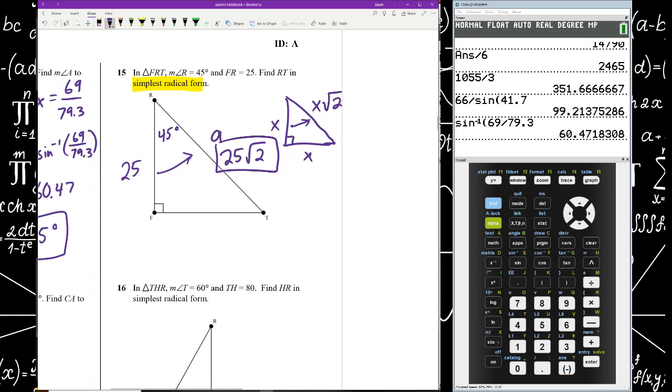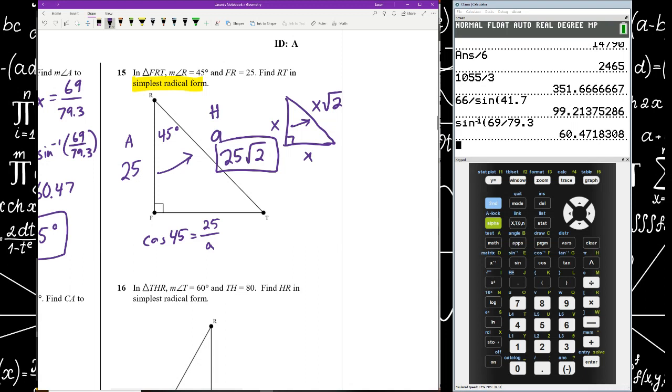If I was to do trig on this, A is our hypotenuse. 25 is next to the angle, so it's adjacent. So this one has A and H, so it is cosine. Cosine, our angle, 45, equals adjacent, 25 over hypotenuse A. If the variable is on the bottom, you switch.